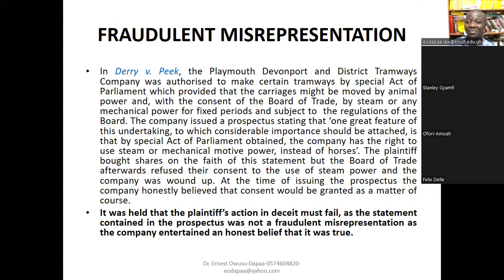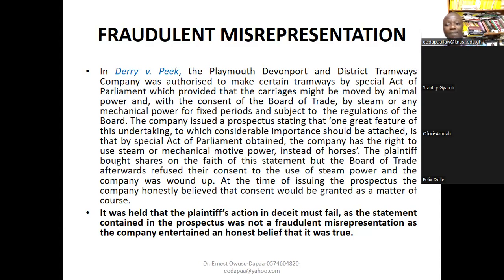And the plaintiff got angry and then sued. But during the trial, the evidence was quite clear that at the time the company issued the prospectus, stating that it had been given the power to run its carriages by steam or mechanical power, it honestly believed that consent would be given by the government department as a matter of course.